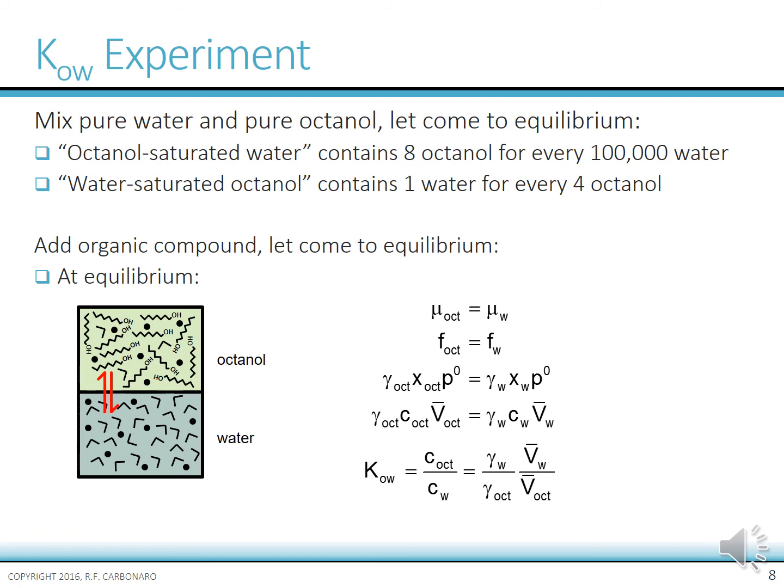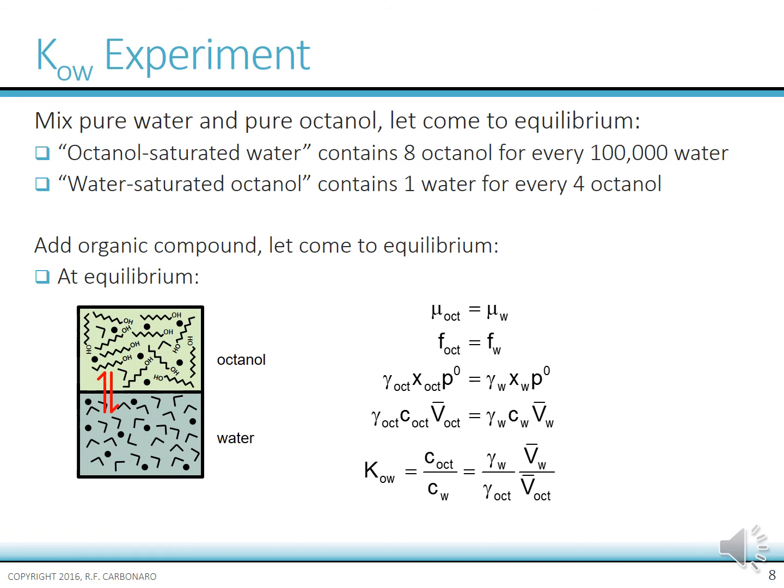What will happen is that the chemical starts off in the water, and eventually some of it will partition. It'll move up into the octanol until we reach a state of equilibrium, where the rate of movement out of the octanol into the water is equal to the rate of movement from the water to the octanol.